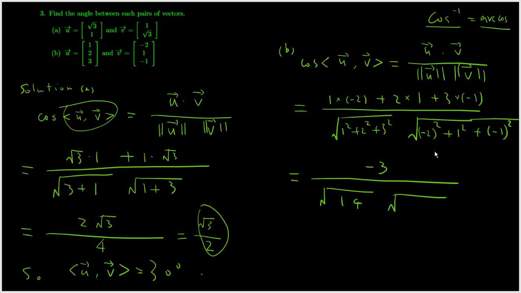Then the length of v, you have square root of 4 plus 1 and then plus 1, 6. I think I got this right.